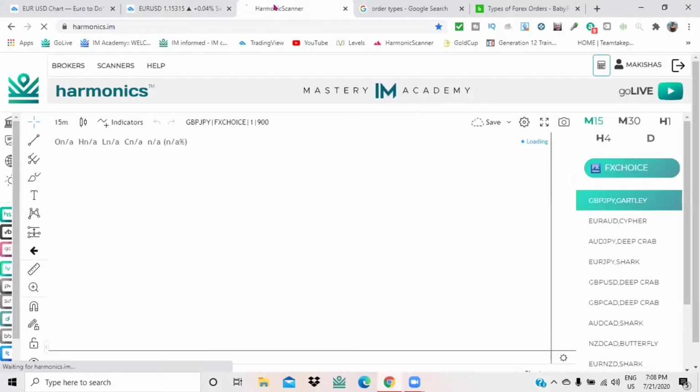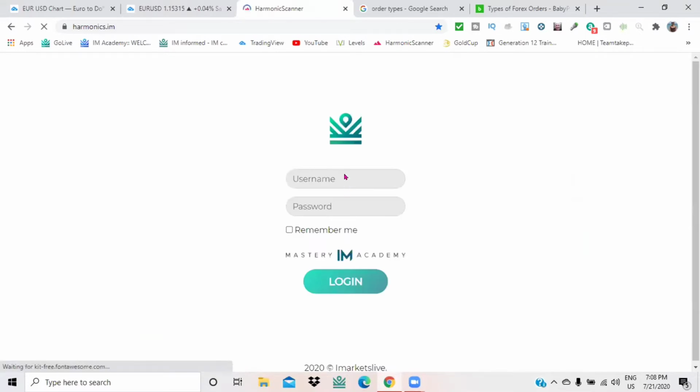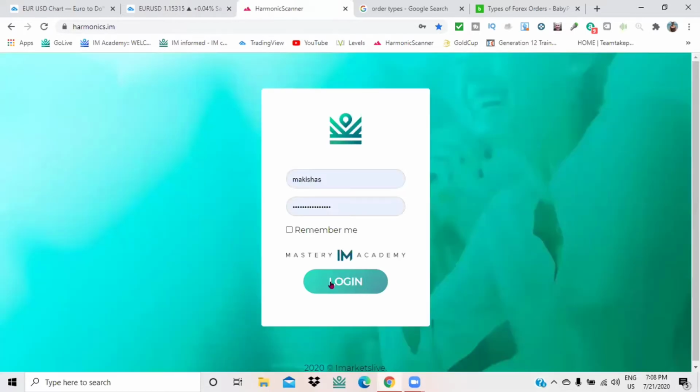This is an AI system that scans all the Forex pairs in the market for you and tells you exactly when to get in, when to get out, and everything that you need when starting off. It's moving a little slow. So you don't have to worry about knowing where the numbers come from.